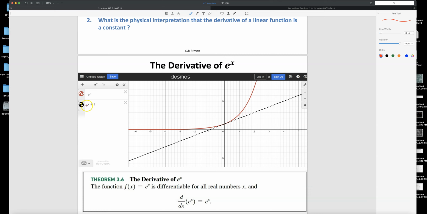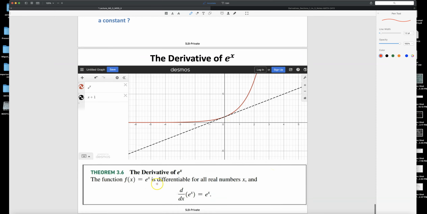And this one here is the equation of the tangent line at this point 0 and 1. And in here you have the result. The derivative of the exponential function is itself. In your textbook, if you are interested, you have a derivation of this, but the most important thing that I want you to remember is that the derivative of the exponential function is itself.